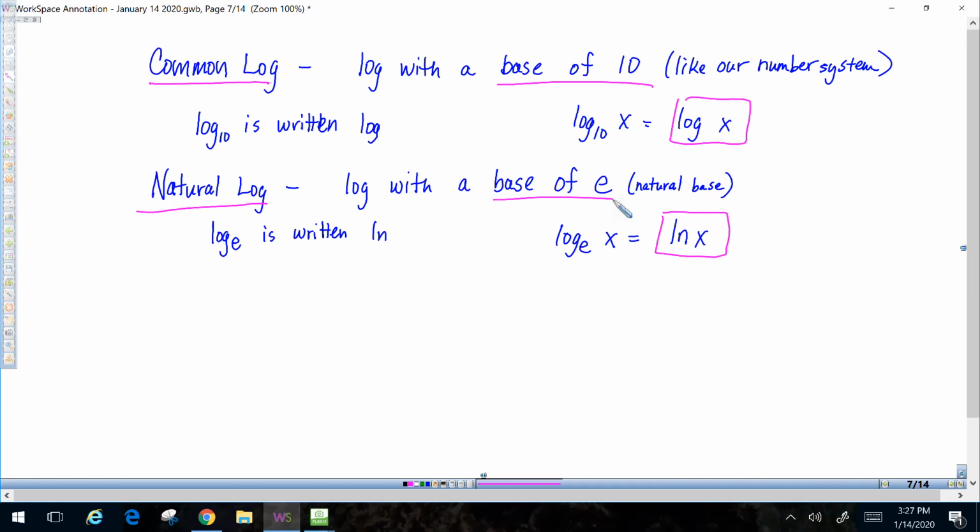So, if I gave you ln of 4, and asked you to switch that to a different form, we would say equals x.